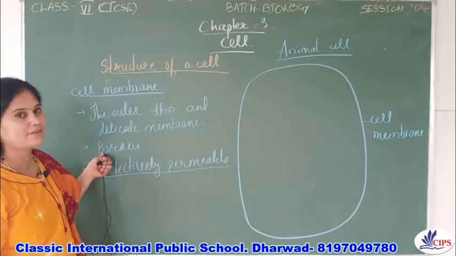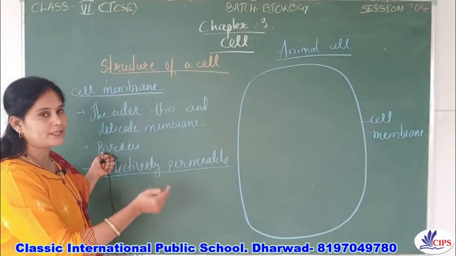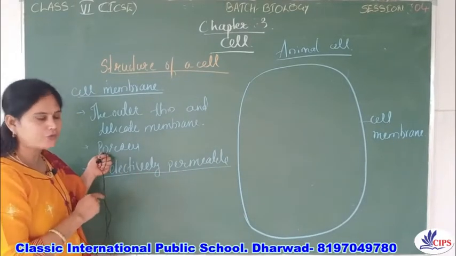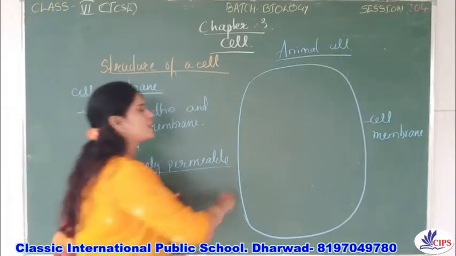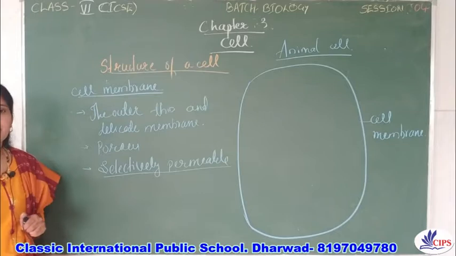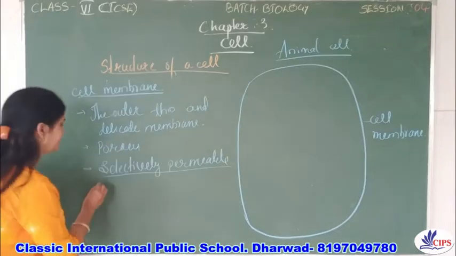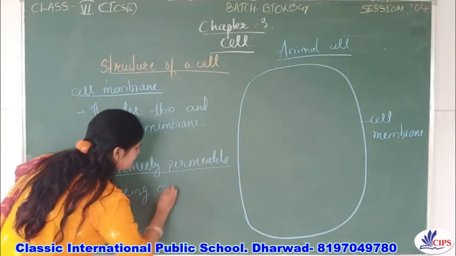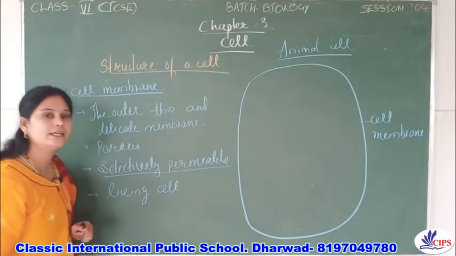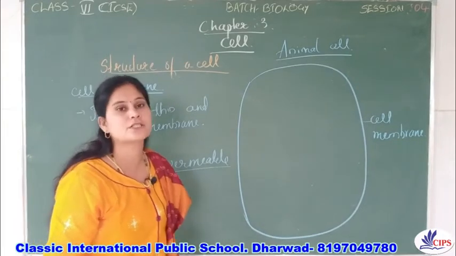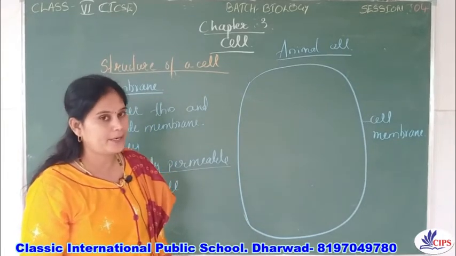It means that it has pores so that the substances can go in and come out from the cell. It is an outer thin and delicate membrane, and it is a living membrane. It is made up of living cells, right? It is a living membrane. So these are the characteristics of the cell membrane.